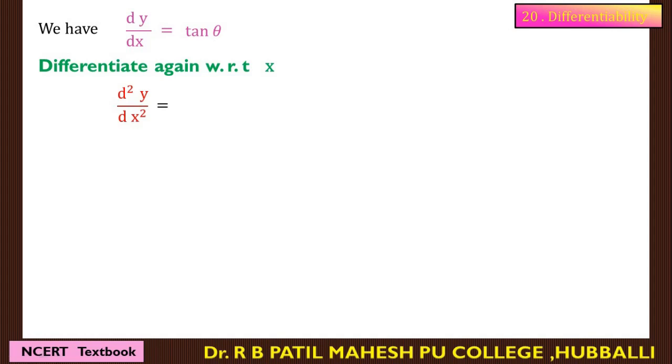From the first step, we wrote x is equal to a into bracket cos theta plus theta sin theta, which means that x is a function of theta as well as theta is also a function of x. So with respect to x, first the tan theta derivative you have to write, that is secant square theta.